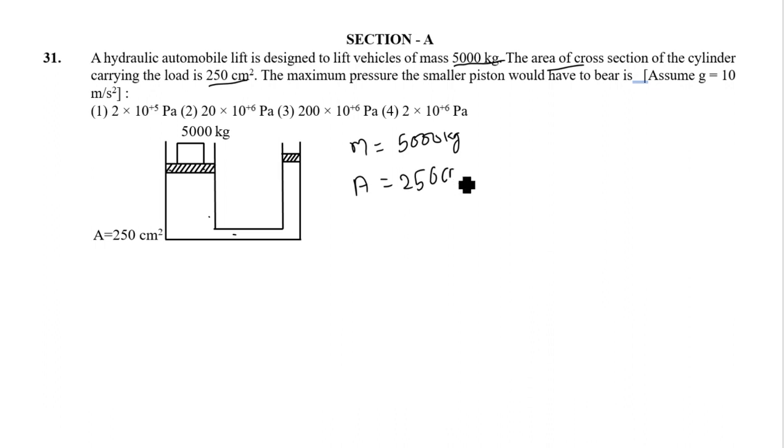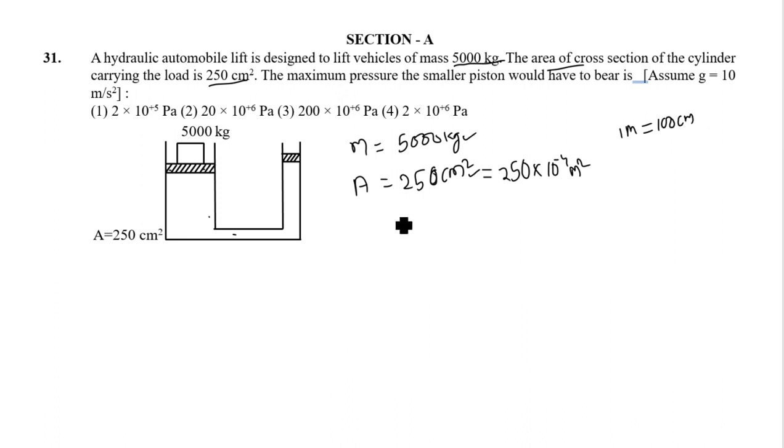Look, here the unit is in CGS and this is in SI. So we have to first convert into the same unit so that in the next process it is easy for us to calculate. To make it SI unit, I just convert centimeter square into meter square, so I have to multiply by 10 to the power minus 4 because 1 meter is 100 centimeter.